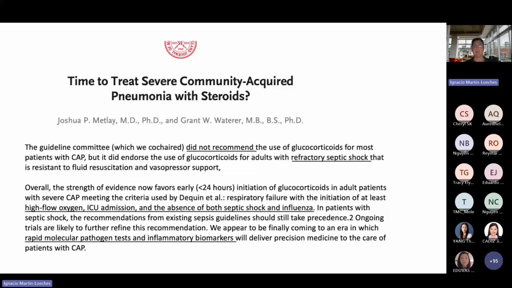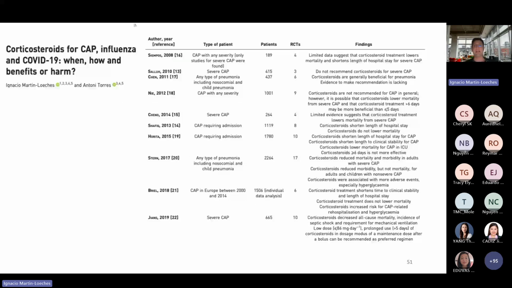Then the editors of the guidelines were more open to considering the use of steroids. This is the reason we wanted to analyze the evidence, because when we wrote the guidelines, we had pretty much the same amount of papers that the American guidelines could analyze.